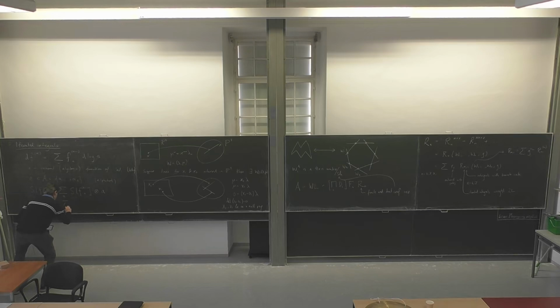So you end up with a sum over k-tuples in the k-fold tensor product of the space of letters. Okay, and there are some coefficients, one for each possible k-tuple.